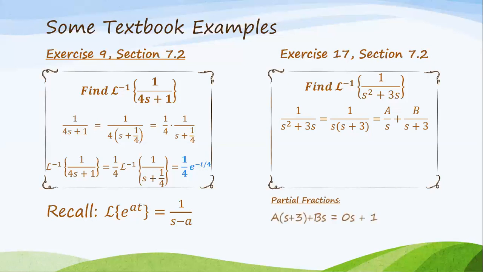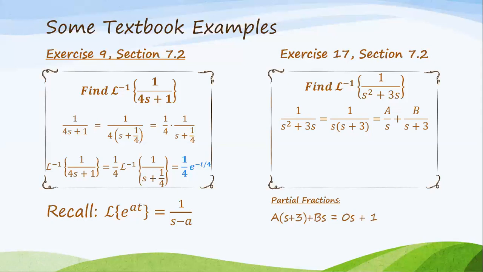Using partial fractions, if we multiply by s times s plus 3 on both sides of the equation that we have there, we would have that A times s plus 3 plus B times s has to necessarily equal 1, which we could also write as 0s plus 1.